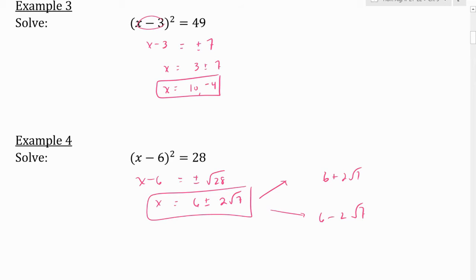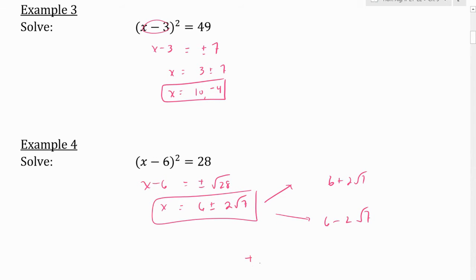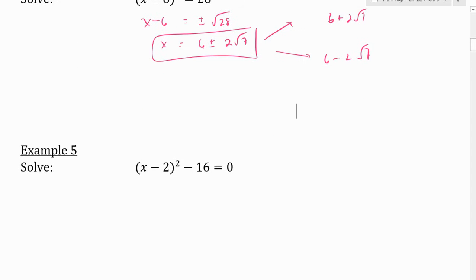But either way, you can't make that look any better. So people just leave 6 plus or minus 2 root 7. It looks strange to write the plus or minus out front. People just don't do it. So that's why I put the 6 in the front of it.